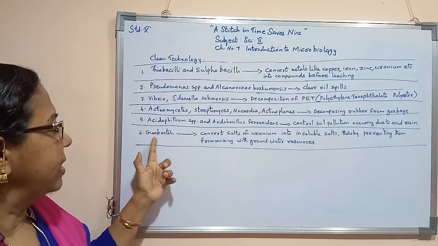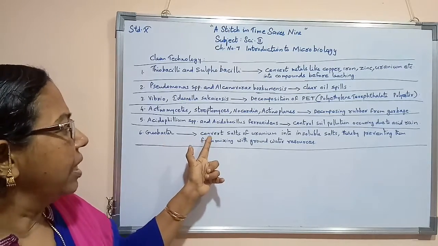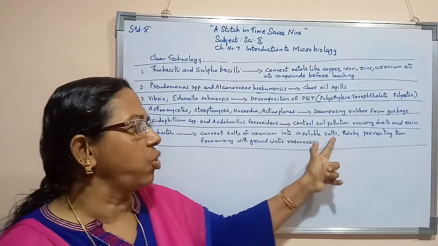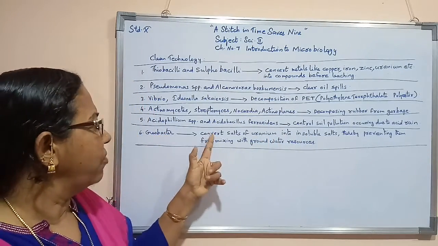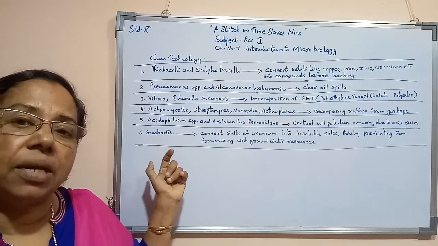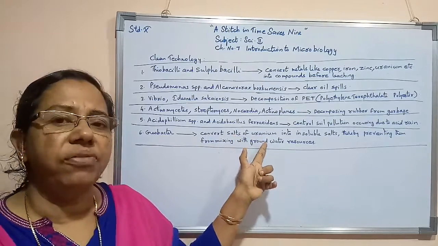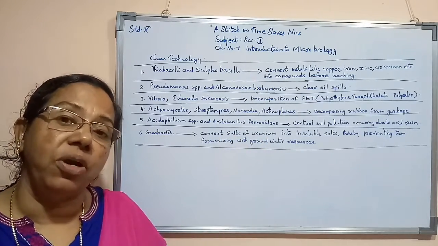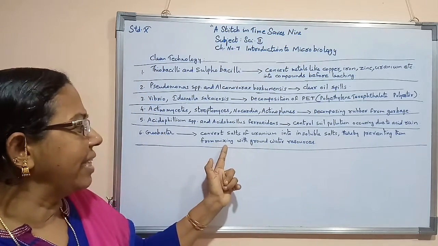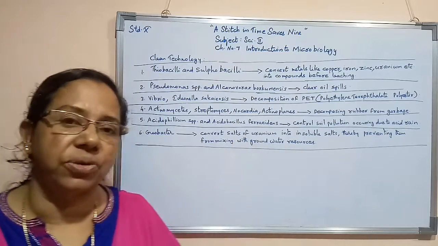Now, Geobacter is a microorganism which helps in converting salts of uranium into insoluble salts. As a result of it, it prevents mixing of uranium with groundwater resources.